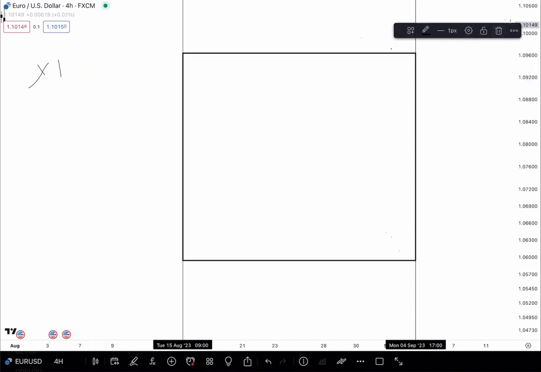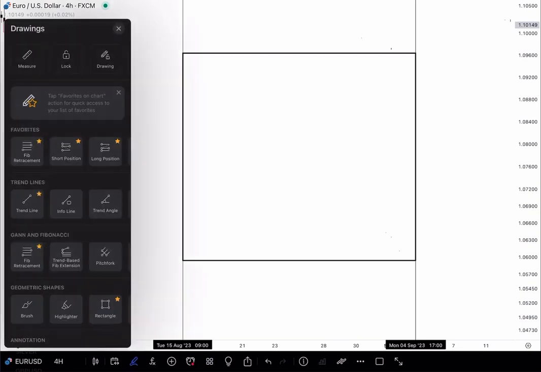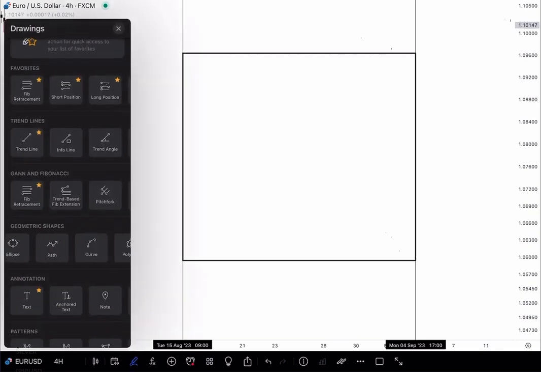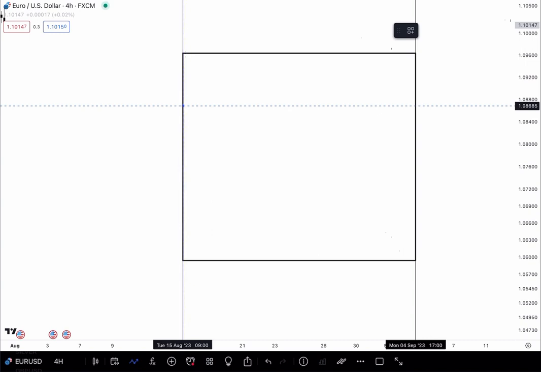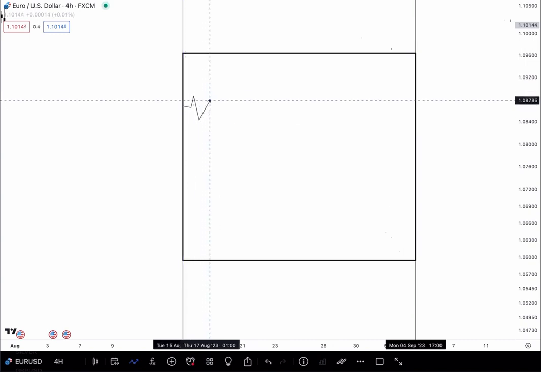Now, to put it really, really extremely raw, the bare bones idea is open, right? Accumulation, a little bit.